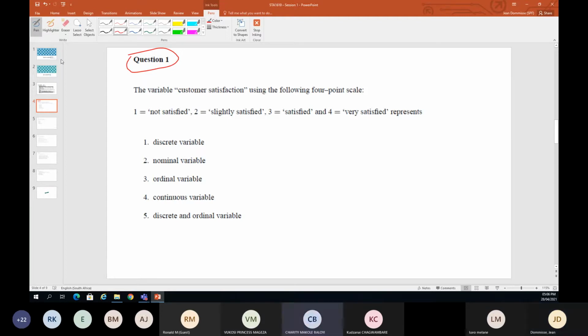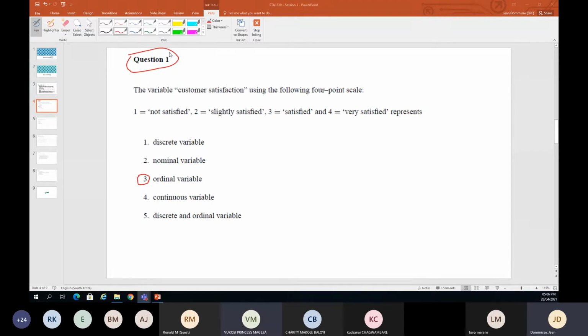I think the answer is 3. It's number 3, ordinal variable. Okay, and do you want to tell me why? The variables are put in order. They are in order. Okay, awesome. So they are ranked. If they are ranked, they are in order.